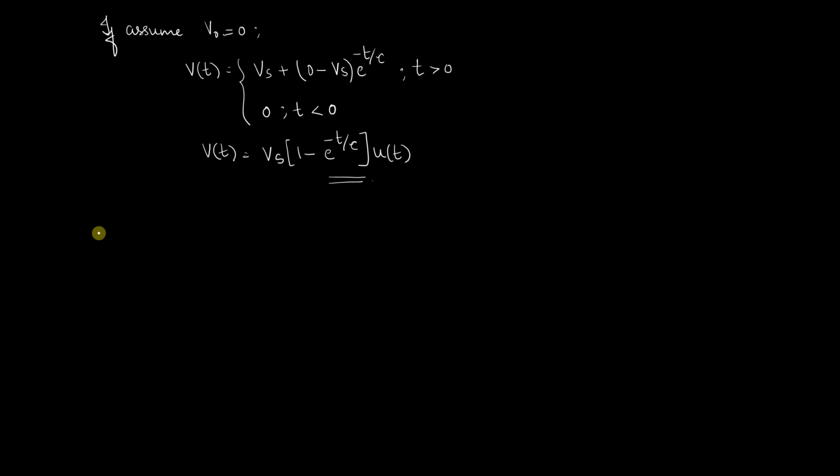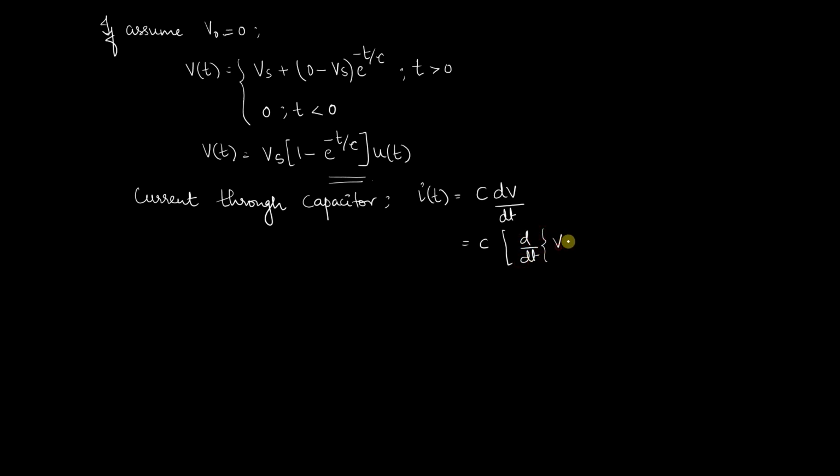Now if you want to compute the current through the capacitor, that can be obtained as I of t equal to C into dV by dt, that is C into d by dt of Vs 1 minus e power minus t by tau into u of t.